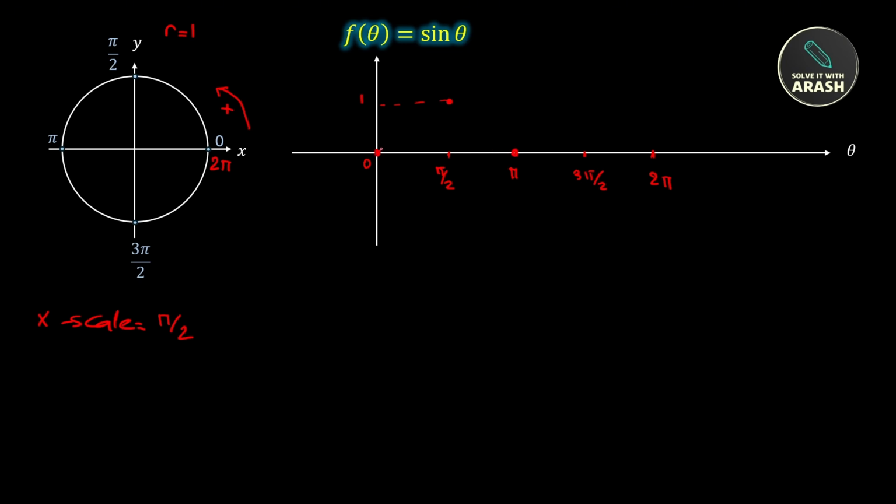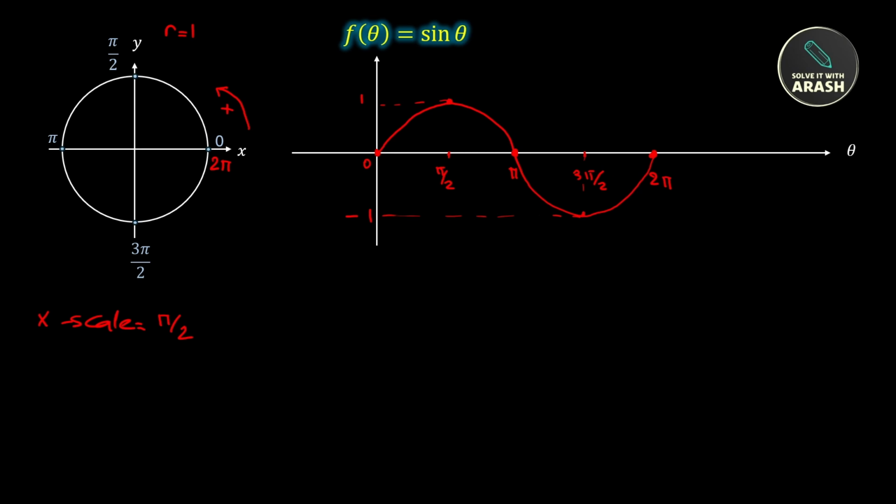So far, the graph looks like this if I connect them with a smooth line. Then, at 3 pi over 2, the y value is negative 1, therefore sine is negative 1. And lastly, at 2 pi, sine is 0. I'll connect these new 3 points. This is one cycle of sine of theta.